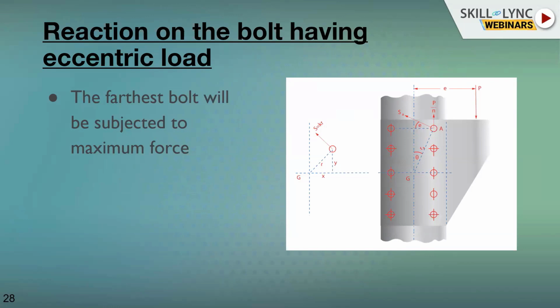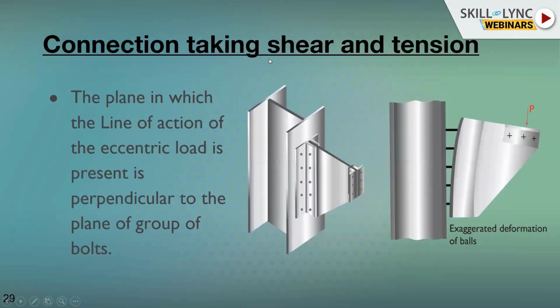For the combined design of shear and moment, the last bolt needs to be designed first. If it is taking the load, then all the inside bolts will also take the load, because that's where the maximum force will be subjected. Next slide, please. So that was for shear and moment, and this one is for shear and tension.